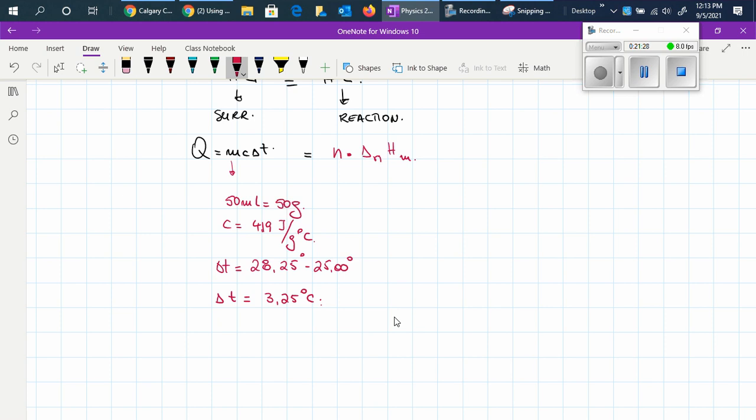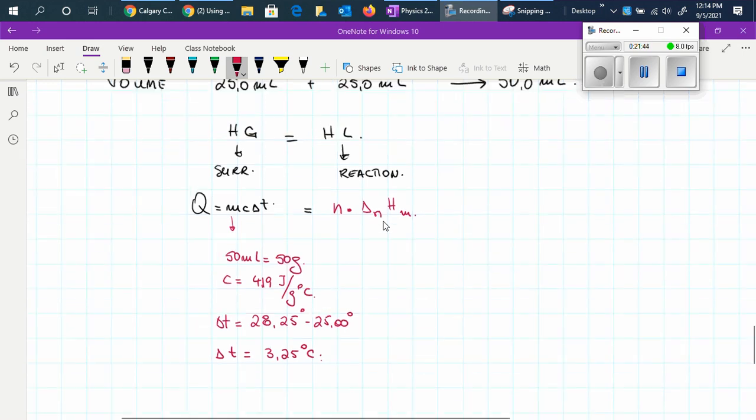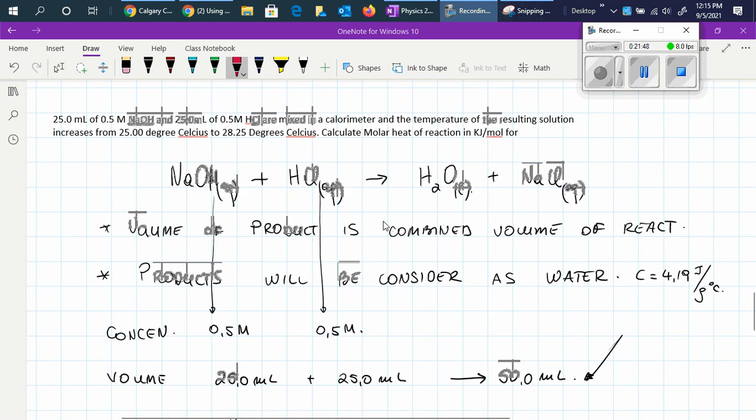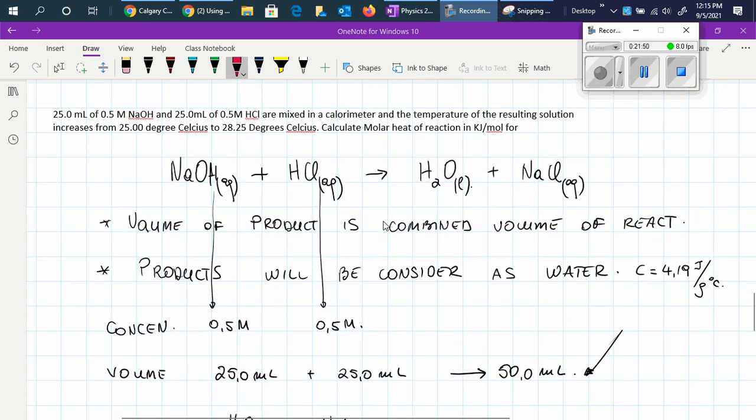Let's move to the other side here and calculate the number of moles using the fact that we know the volume and the molarity of the substances. So if we focus on, let's say, sodium hydroxide, because this is a 1-to-1 ratio, but it is the same logic as if it is not 1-to-1.